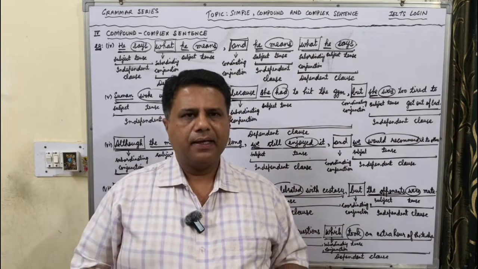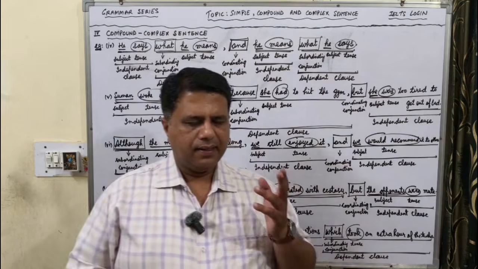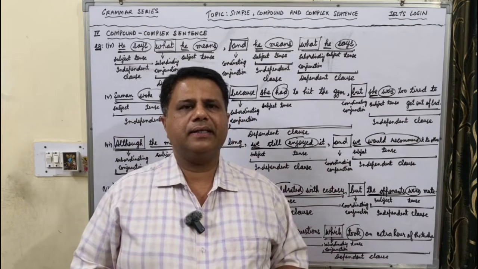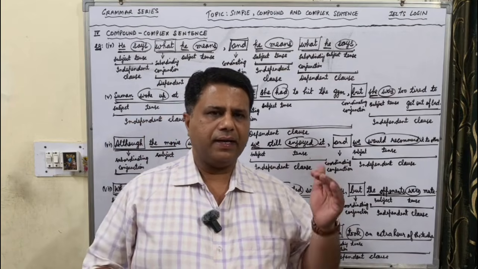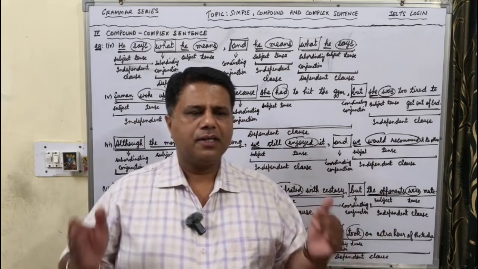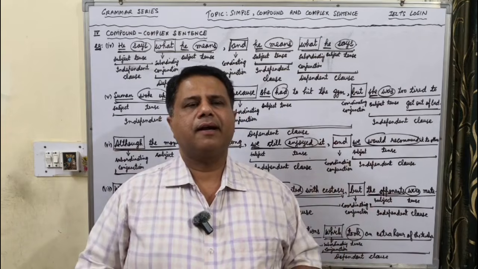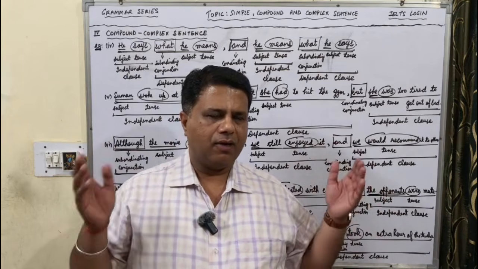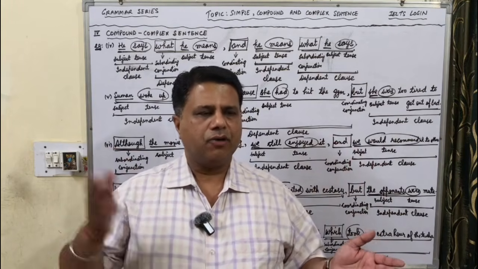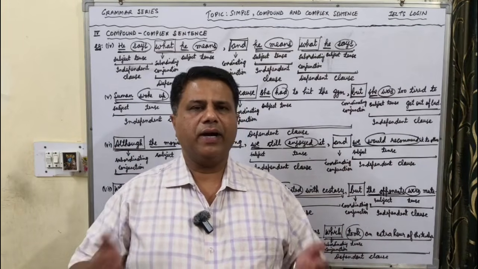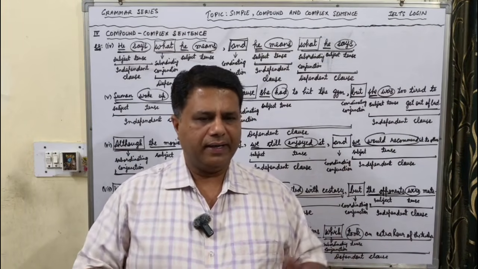Compound sentence has two independent clauses joined together with the help of a coordinating conjunction. Complex sentence has one independent and one dependent clause joined together with the help of a subordinating conjunction. And finally, compound complex sentence has got two independent clauses joined together with the help of a coordinating conjunction and one dependent clause joined together with the help of a subordinating conjunction.